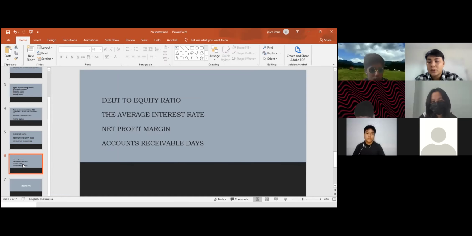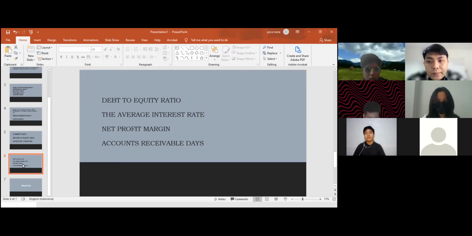And next is net profit margin. The percentage of revenue left after all expenses have been deducted from sales. The formula is net income over sales. The last is accounts receivable days.